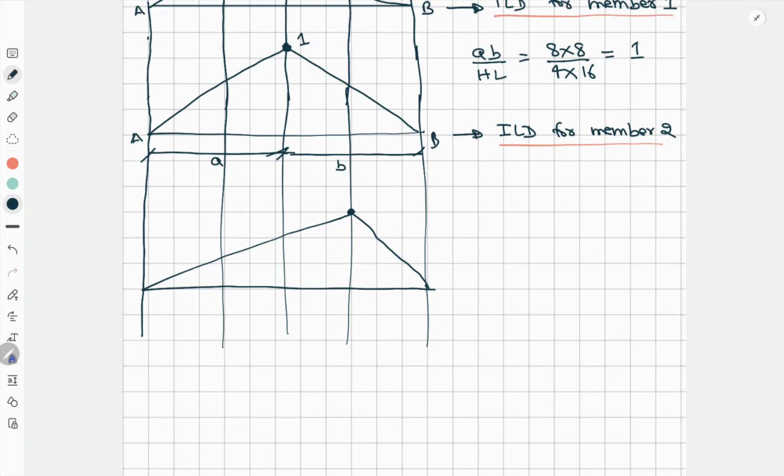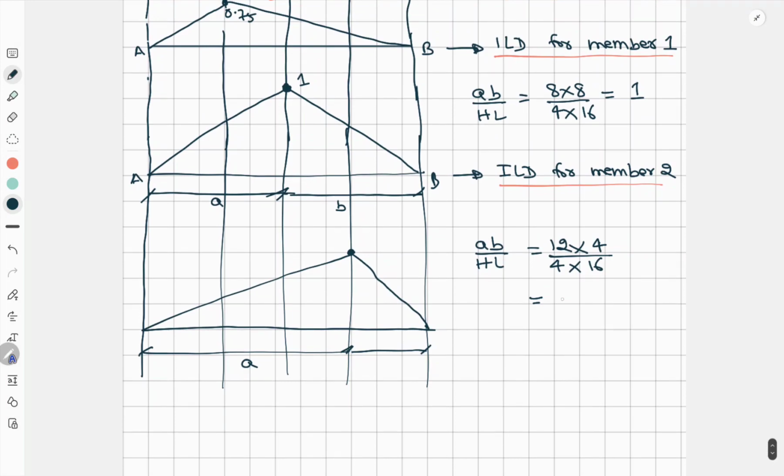So again, for finding this value, we will use the same formula, that is AB by H into L. So here A will be from here to here, that is 12, into B from here to here, that is 4, divided by height 4 into the total length 16. Then we'll get the value 0.75. So here the value will be 0.75, and this diagram will be the ILD for member 3.